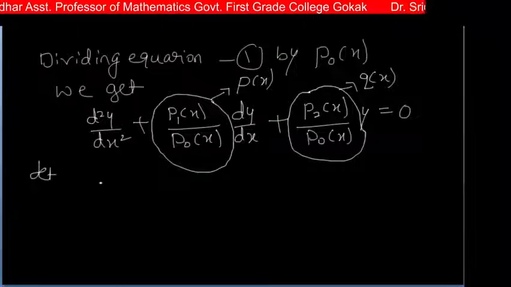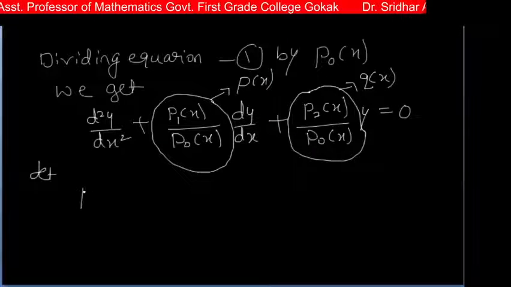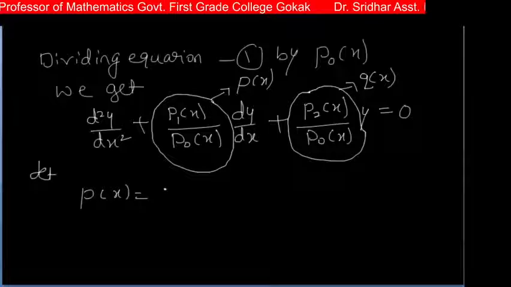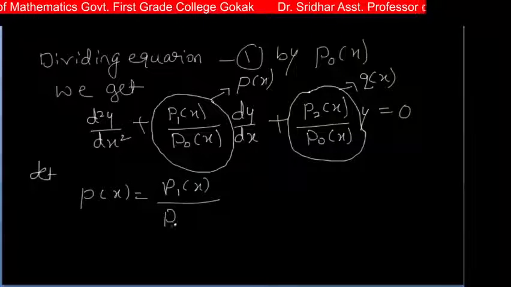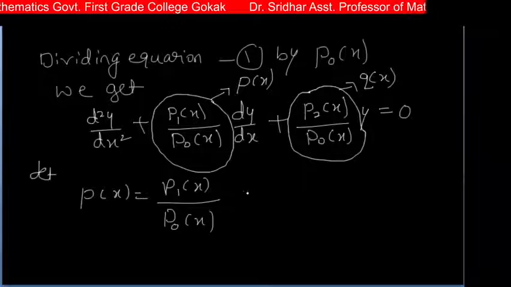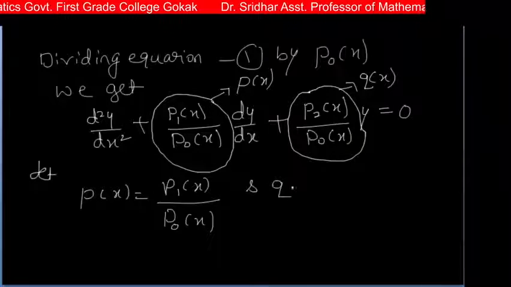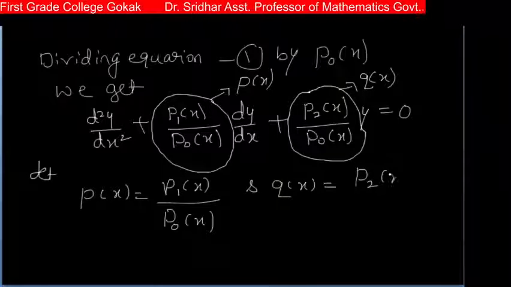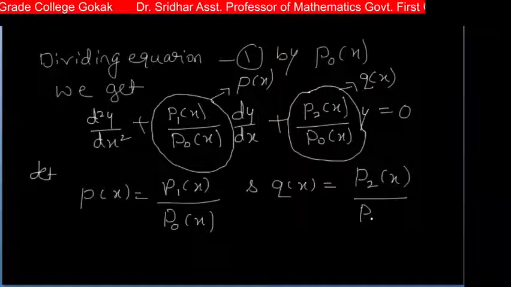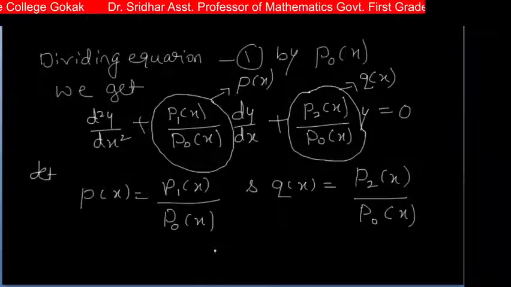So I am writing here, let P of x is equal to P1 of x divided by P0 of x, and Q of x is equal to P2 of x divided by P0 of x.